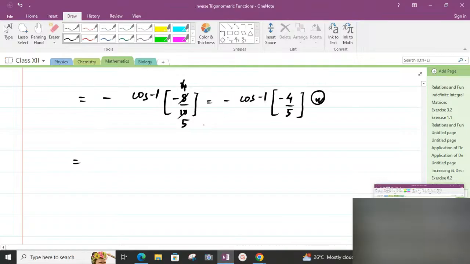We know that cos inverse of minus x equals pi minus cos inverse x, so this becomes minus of (pi minus cos inverse 4 by 5).